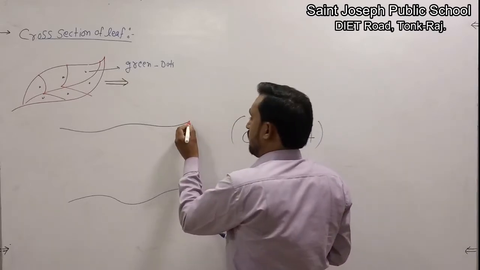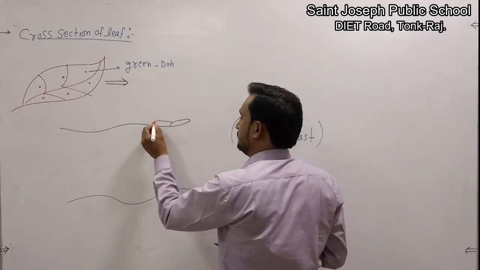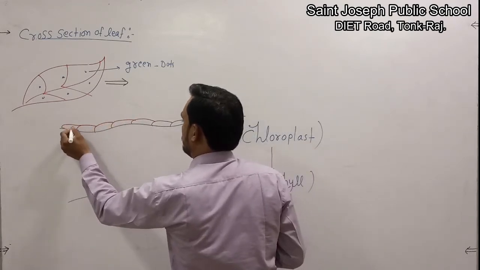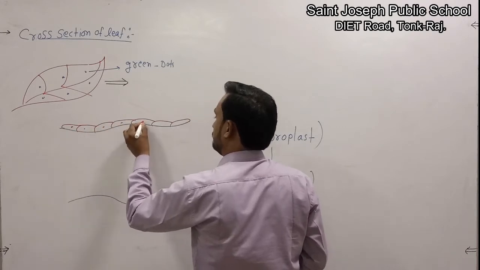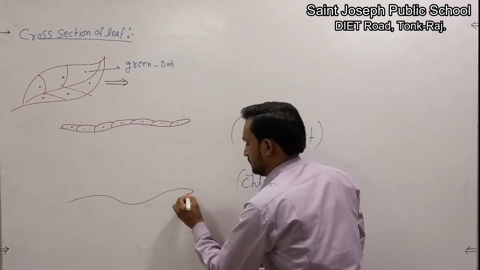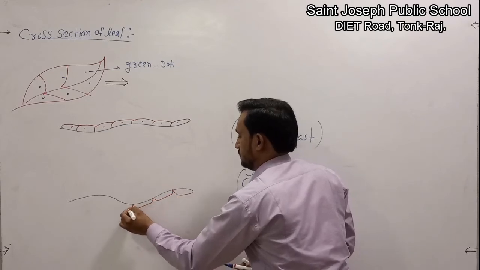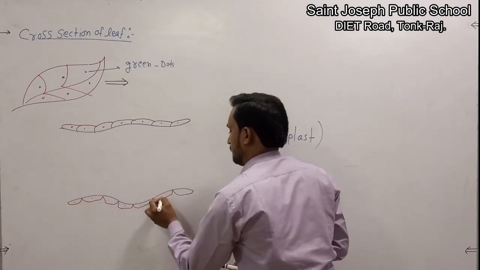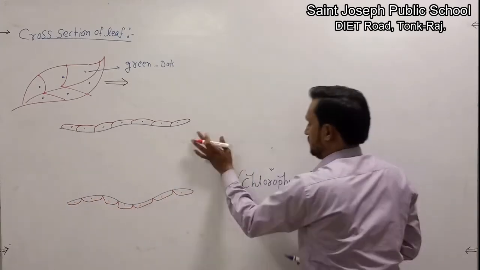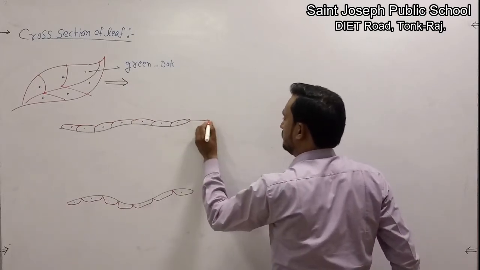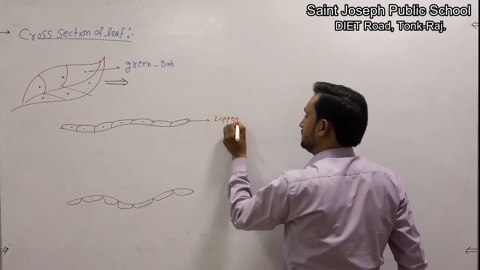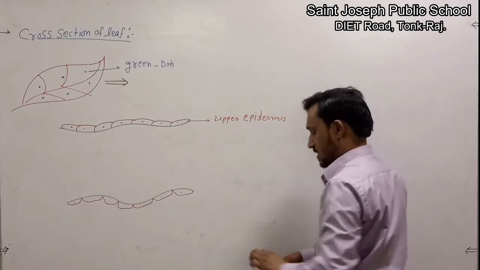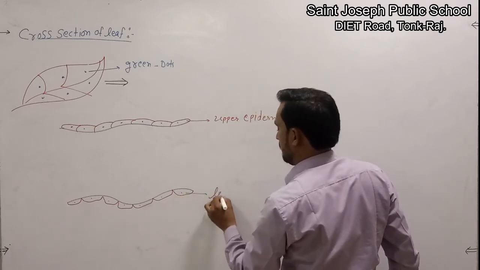After it, we will plot some cells on this surface. Now these two surfaces are known as upper epidermis and lower epidermis.